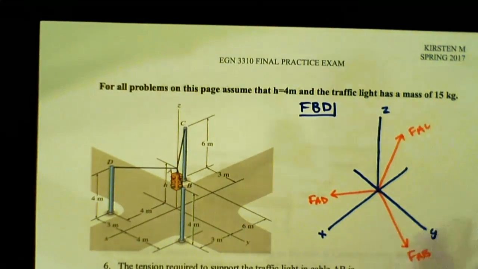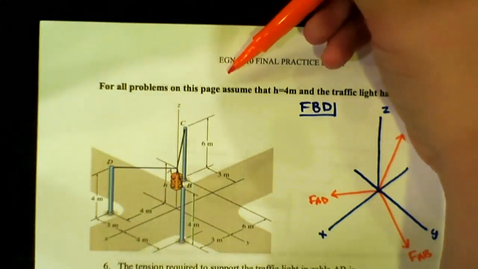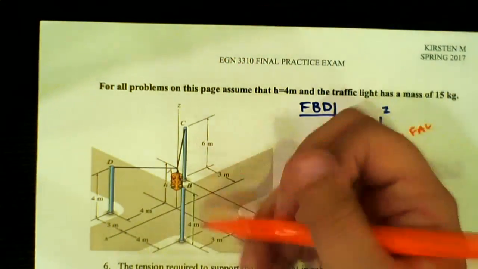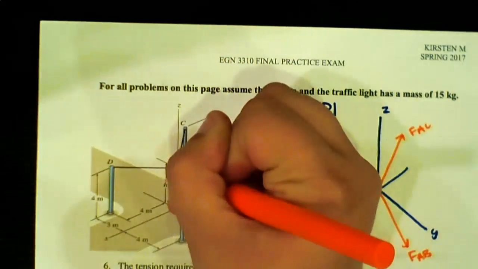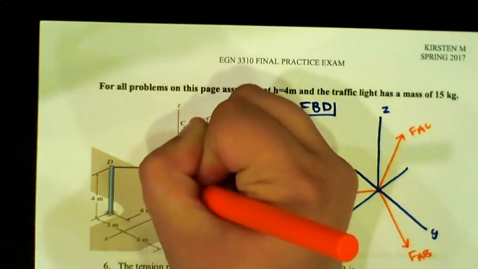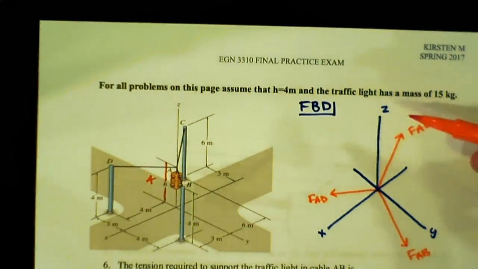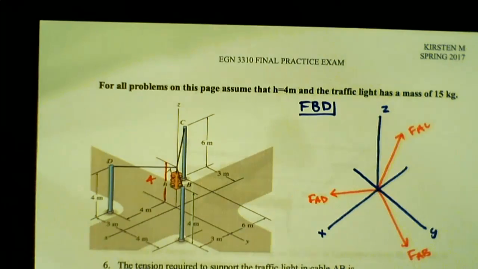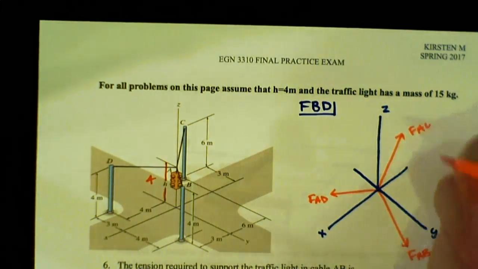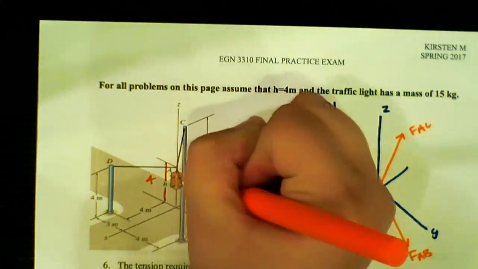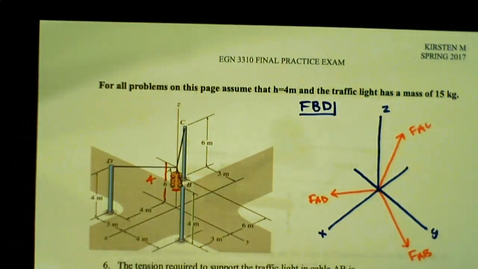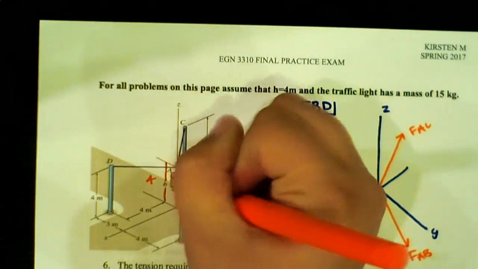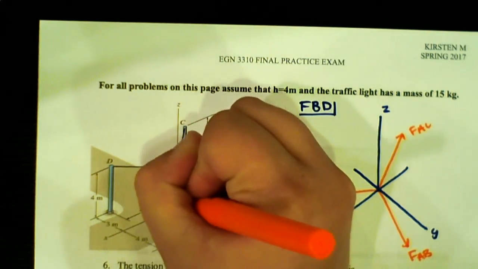And then the problem initially tells us that we have to assume that h equals 4, so the height of our lamppost here is going to be 4, and that the traffic light has a mass of 15 kilograms. So we know that our light is equal to 15, and in order to make that a force, we multiply it by gravity.